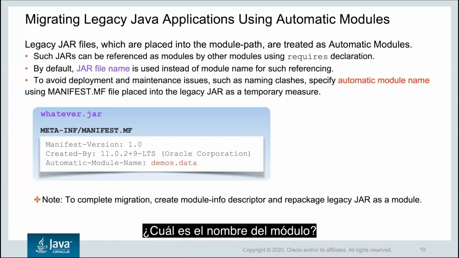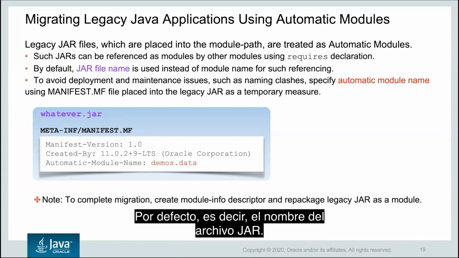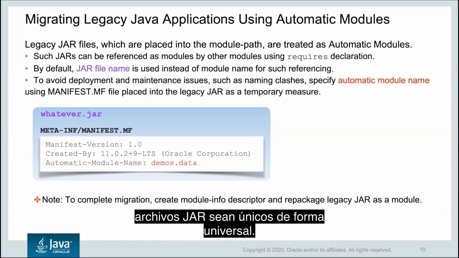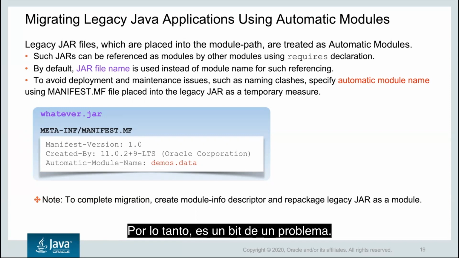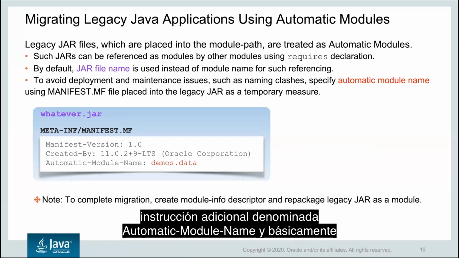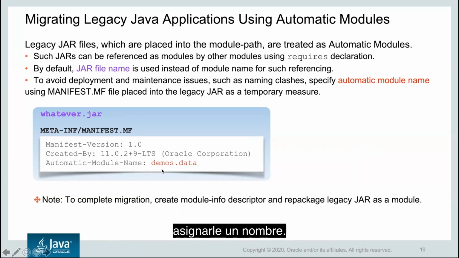So what is the name of the module? By default, that will be the name of your jar file. But as you may guess, jar file names are not guaranteed to be universally unique. So that's a bit of a problem. To work around this, you could put in a jar file, in the manifest MF, an extra instruction called Automatic-Module-Name and basically give it a name.